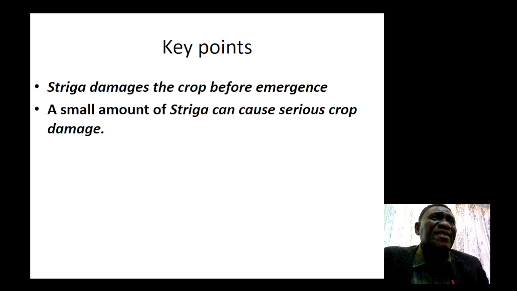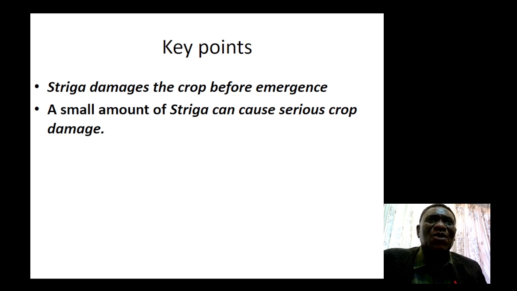So the key points to know is that striga damages the crop before emergence. This can limit our mechanical methods of weed control. And also, a small amount of striga in a field can cause serious damage. So, even if we see few plants, we may say take action.